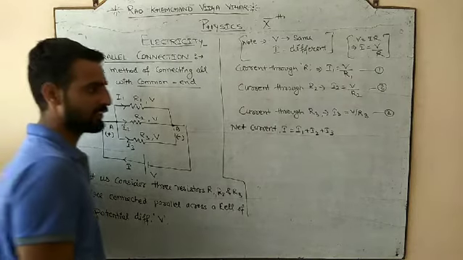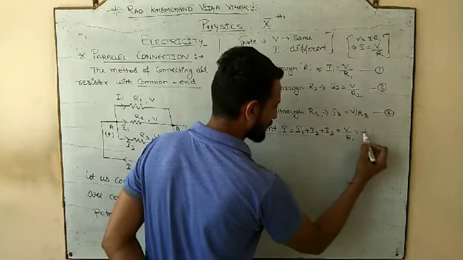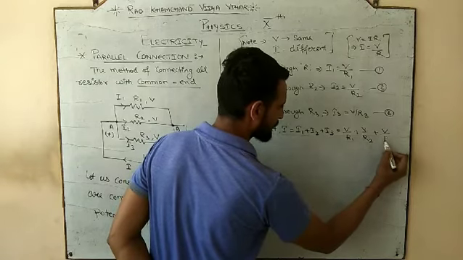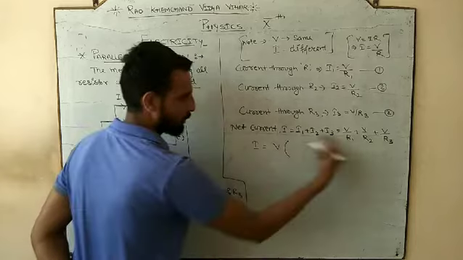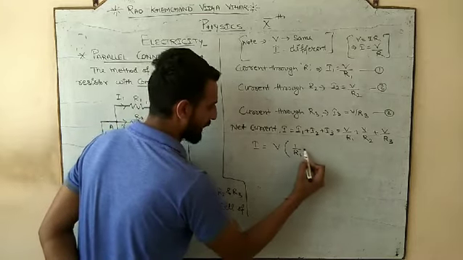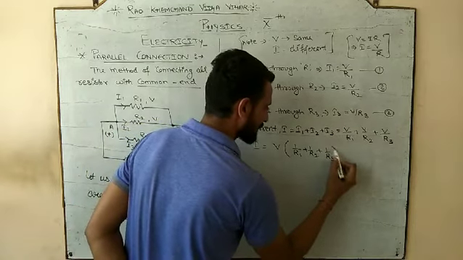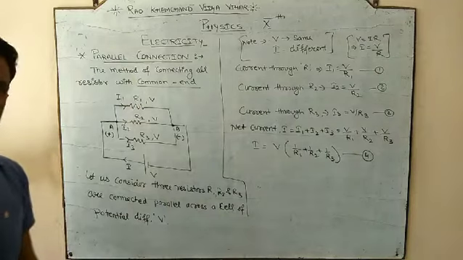In the previous lecture we discussed that. So it would be V by R1 plus V by R2 plus V by R3. So what is the net current we have? V is common, times 1 by R1 plus 1 by R2 plus 1 by R3. Clear with that? So we have the net current.